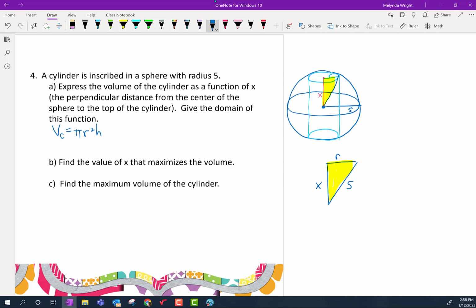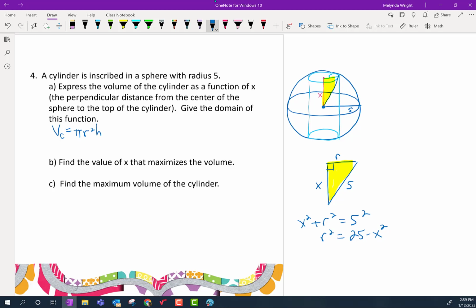So I can use the Pythagorean theorem to set up a relationship between x and r. We've got x squared plus r squared equals 5 squared. They want me to make it in terms of x, so I want to solve for r squared. So r squared is going to be 25 minus x squared.